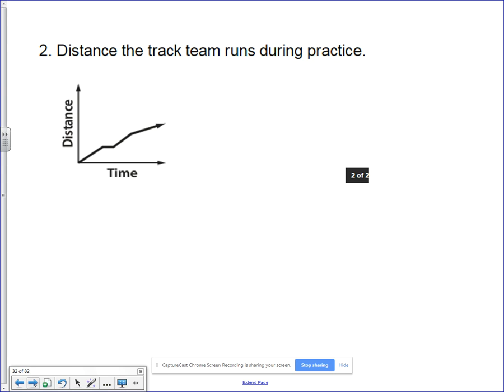Everybody got that? So you should have they started running, they stopped for a break, they started running at the same pace. Then what happens? They are going to cool down or run slower because do you see how that line is less steep? That means they're slowing down. If it was more steep, then they would be speeding up.